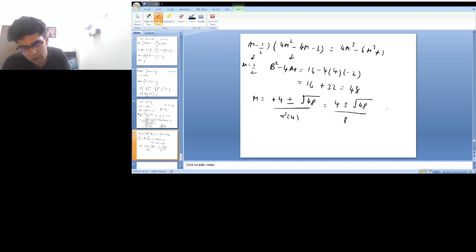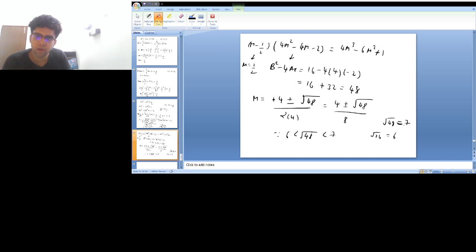Root 49 is 7, root 36 is equal to 6, therefore root 48 should lie somewhere between 6 and 7, right?